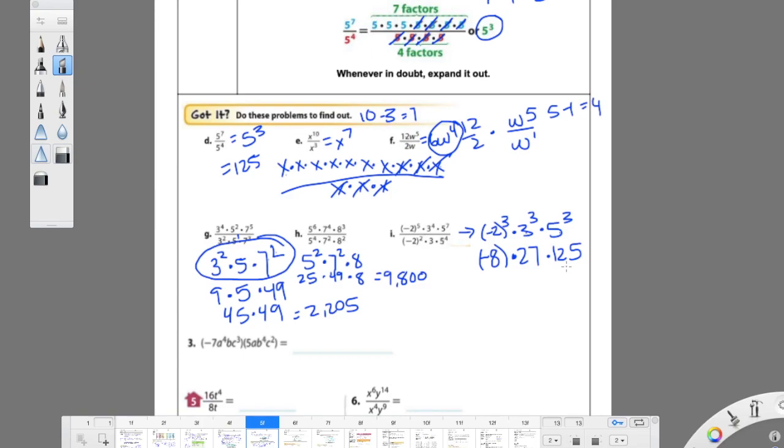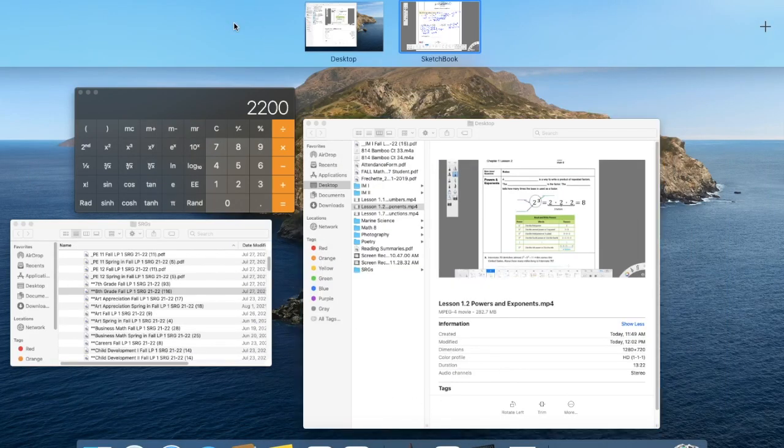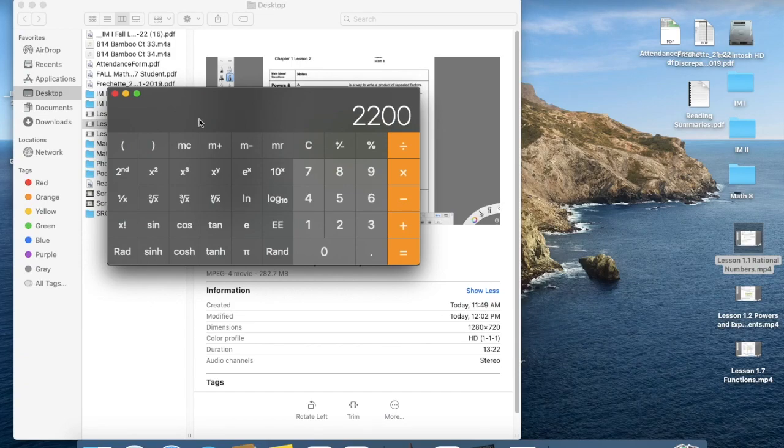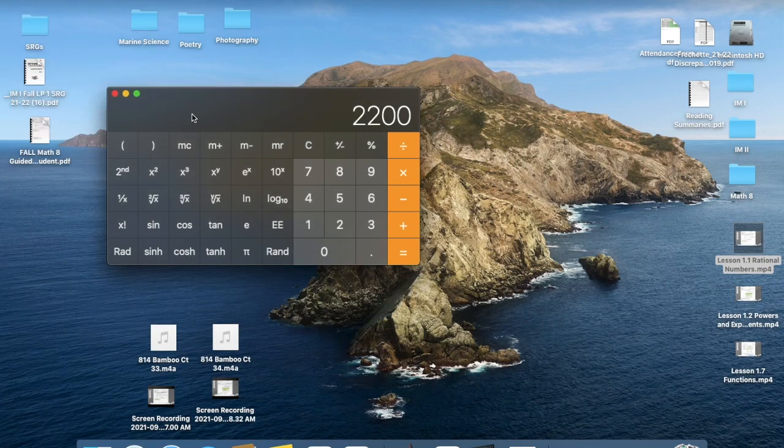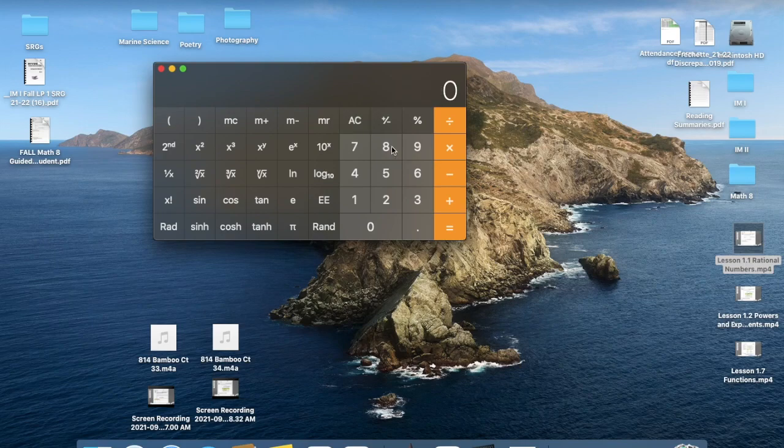And I wanted to show you, you can actually do this on a calculator. I'm going to close that real quick. All right, so when I do this on a calculator, if I go 8, and you should find this little button. It might be in different places depending on the calculator you're using, but you should see something along these lines. Might even have little arrows going from one to the other. What it means is I want to make it negative.